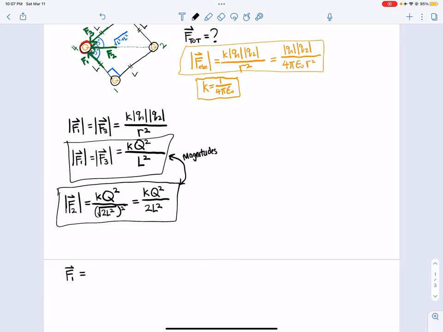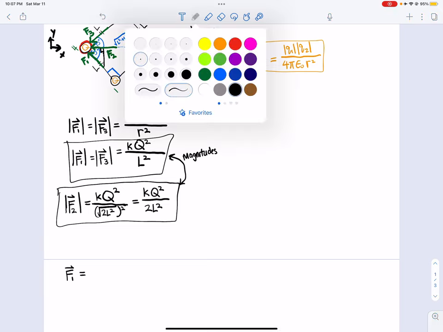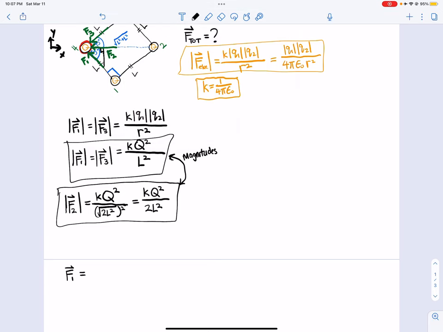So for force 1, if we imagine this is a 90-degree angle, so that's a triangle, F1 and along the x direction, okay, this is my coordinate system, x and y. So along the x direction, I would get negative, right? Because F1 is pointing towards negative x. Its x component is pointing towards the negative x direction. So minus the magnitude of F1 cosine of 45.